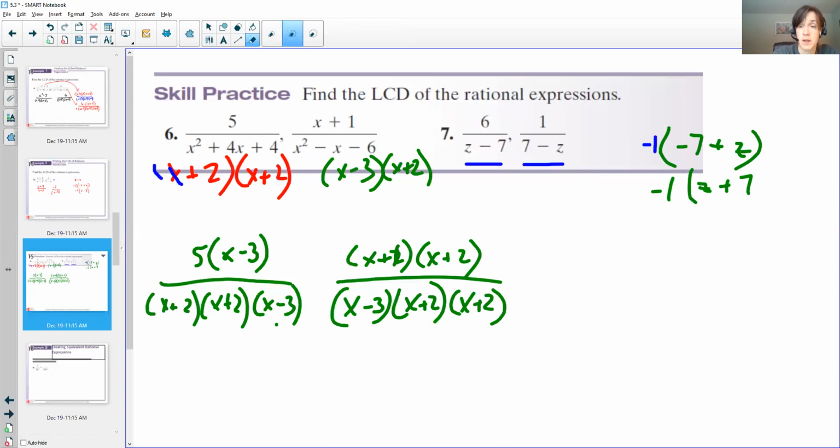It's a little early here in my household, so forgive my slow brain sometimes. Okay, get my signs right. I was right the first time. So the first fraction stays the same. The second one just becomes a -1 over z minus 7. Done. All right.